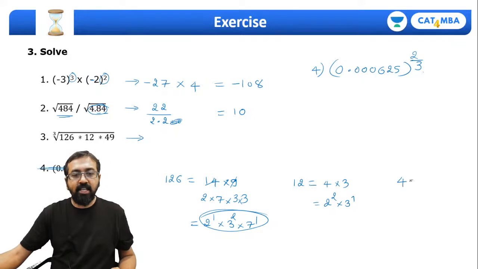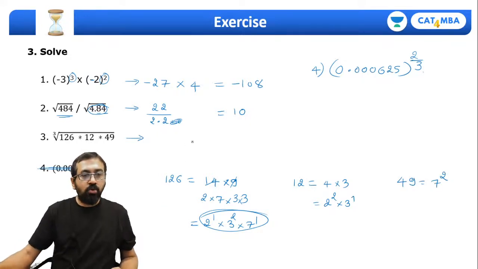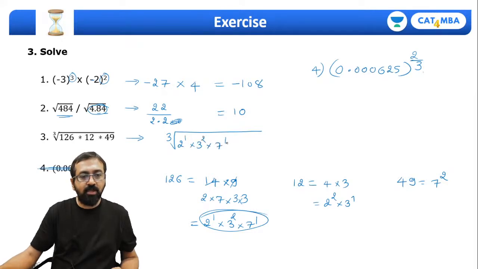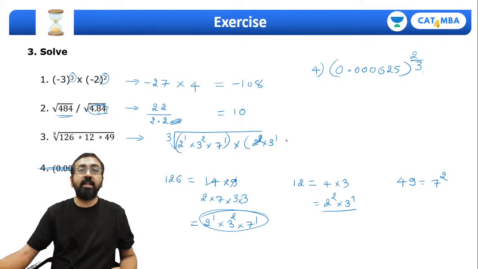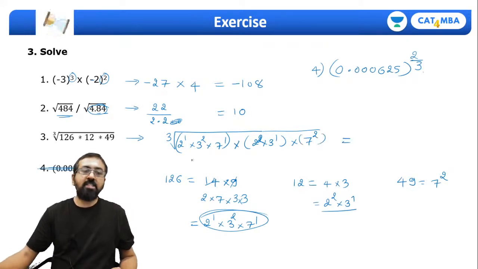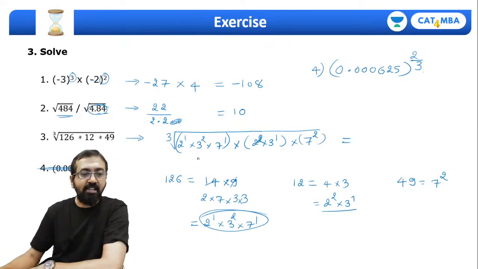Same way, what is 49? So 49 is straight away 7 square, right? So this number is nothing but cube root of 126, that is 2 raised to 1 into 3 raised to 2 into 7 raised to 1, into 12, that is 2 raised to 1 into 2 raised to 2 into 3 raised to 1, right? Into this 7 square. 49 is 7 square. So if I just want to simplify, how can I write it?